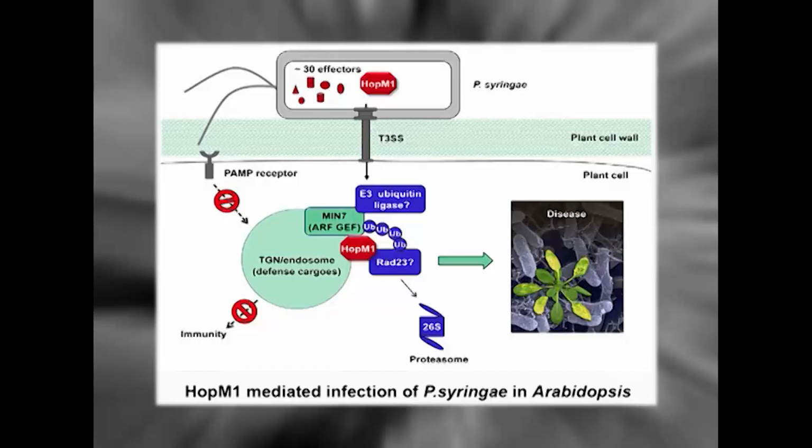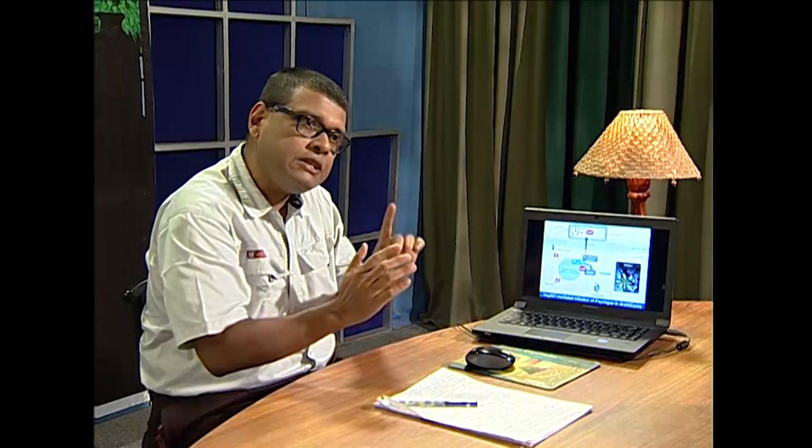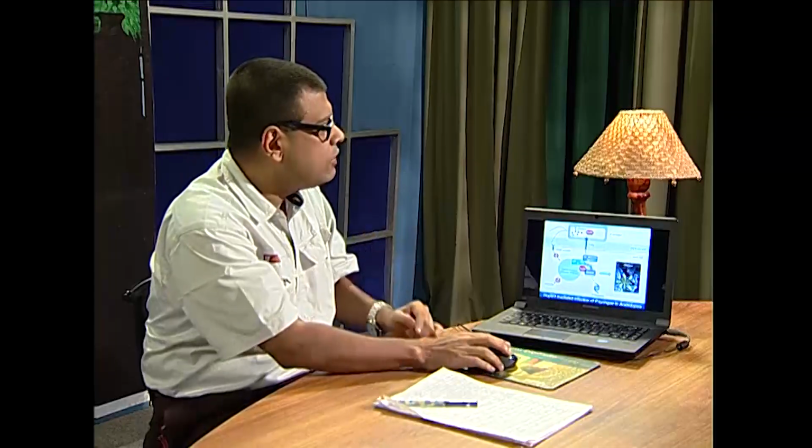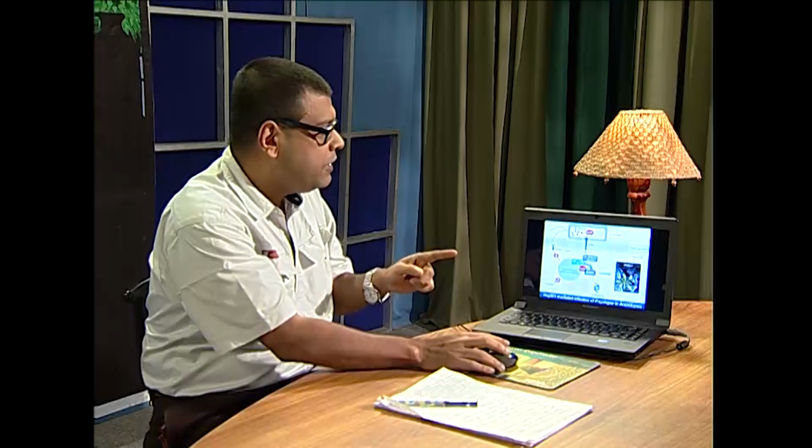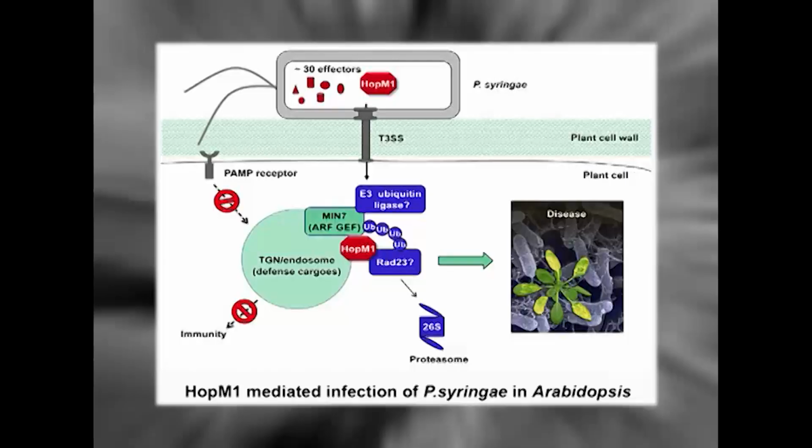Okay, this is a unique case where Pseudomonas syringae is invading Arabidopsis. Now Pseudomonas syringae is a pathogen, so it has some tools of pathogenesis, and these tools include the HopM1 gene. And this HopM1 virulence factor from the bacteria is delivered through the T3SS, not through any other route.